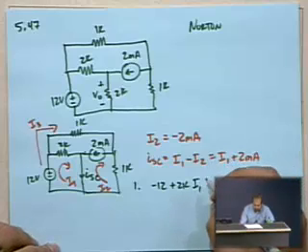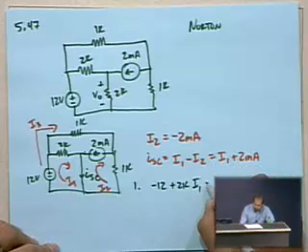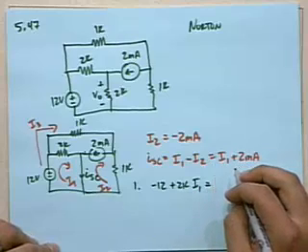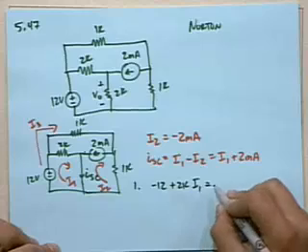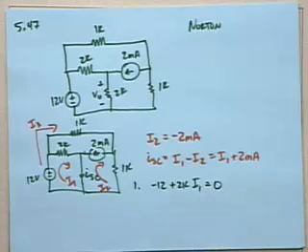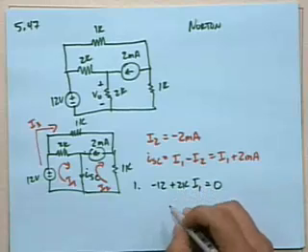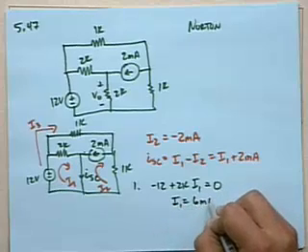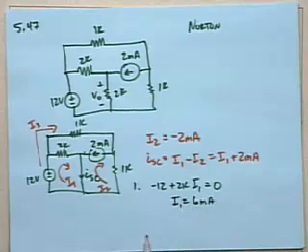I don't like that. That worries me. Well, let's run with it and see how it works. I don't like this because in theory what this is telling me is that I can directly solve for I1, that I1 equals 6 milliamps when you put the 12 on the other side and divide by the 2K.